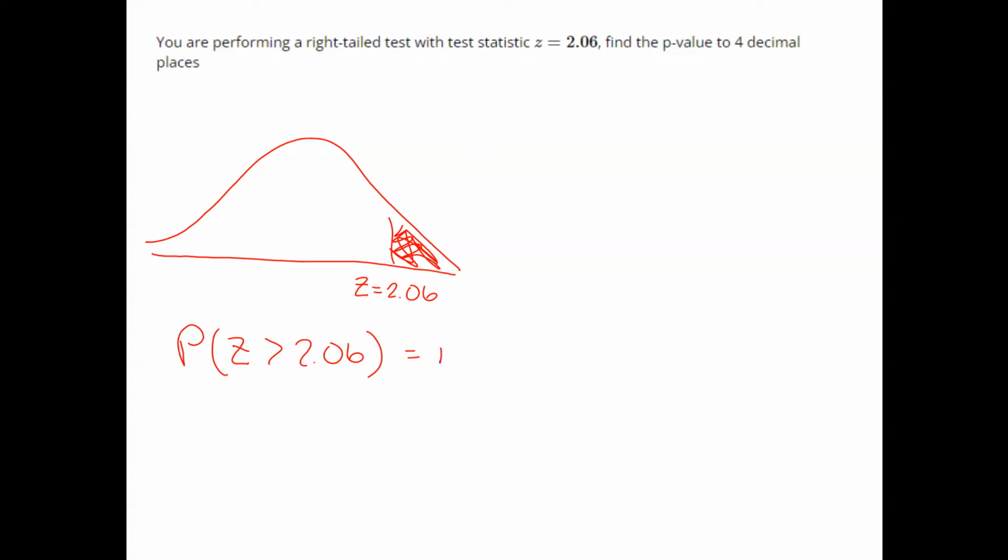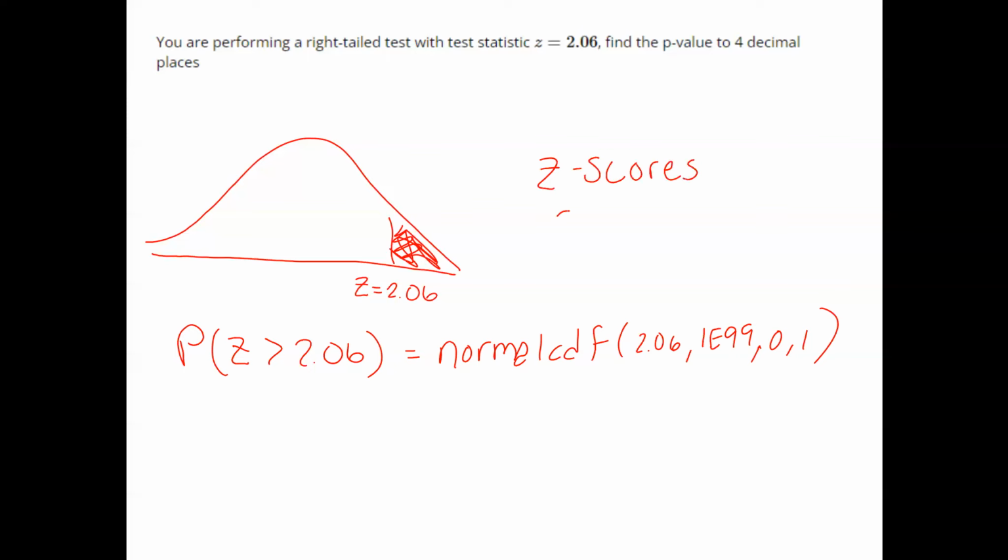So that is a normal distribution with a lower limit of 2.06, an upper limit of infinity. Since we are talking about z values, this is a standard normal distribution. So the mean is 0 and the standard deviation is 1. So when we have z scores, that is standard normal.